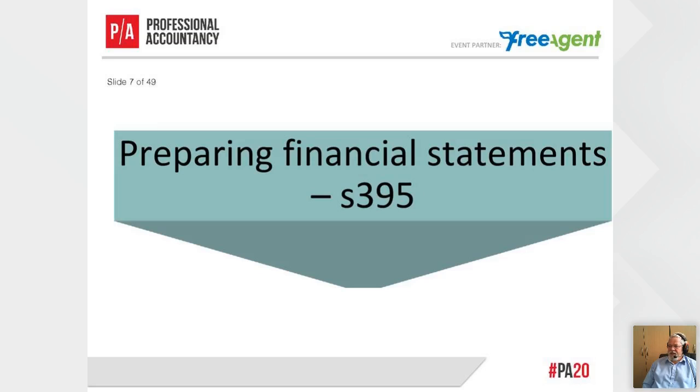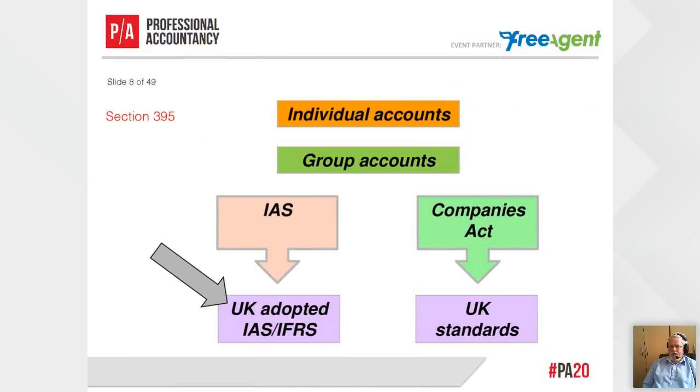So let's start on the detail here, first of all, with regard to preparing financial statements under Section 395 of the Act. All UK companies, with some exceptions for dormant companies, do have an exemption, which I'll refer to shortly, from the preparation of financial statements, but all other companies in the United Kingdom are required to prepare individual accounts.